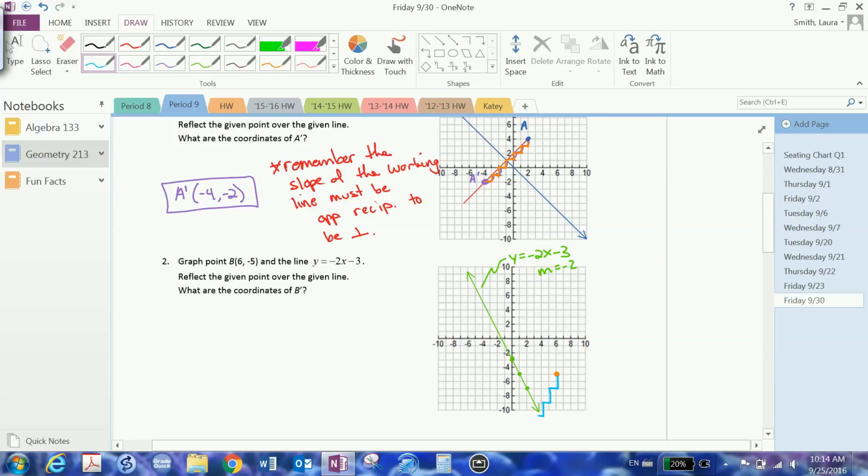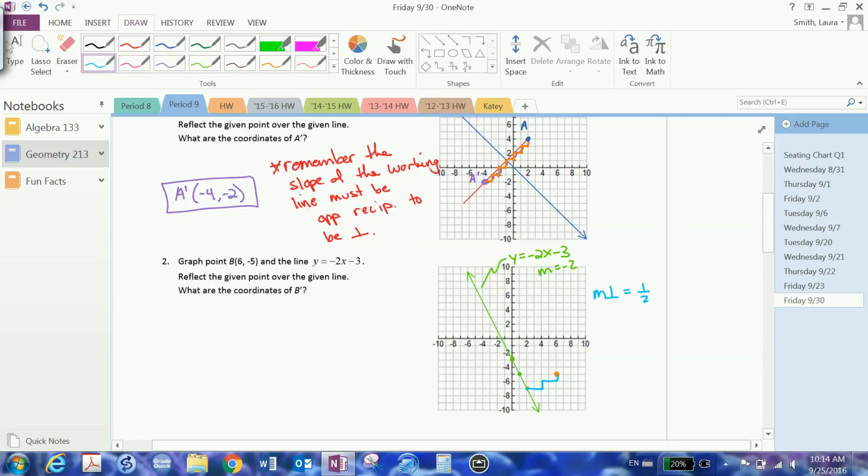Oh, wait a minute. That's not right. You guys would have stopped me in class, wouldn't you? Wait, we have to undo that. Shouldn't the slope of the perpendicular not be 2, but 1/2? That's better, because what I was drawing in didn't look like it was going to be perpendicular. That was the problem, yeah? So I would fall 1, run back 2, fall 1, run back 2.